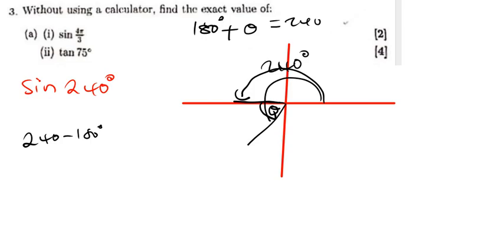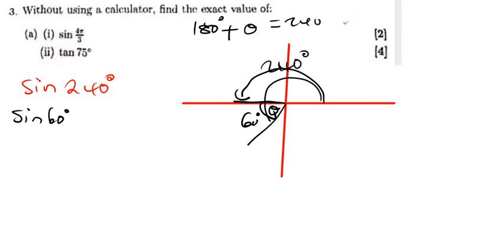So 240 minus 180 is 60 degrees. Meaning that 60 degrees is my reference angle in this case. This is the angle which is going to be here. That would mean finding sine 240 degrees relates to sine 60 degrees.